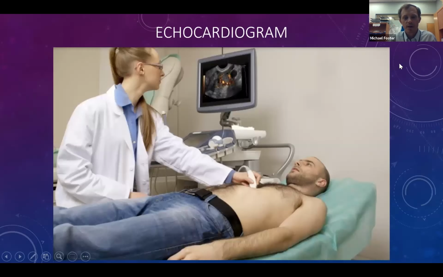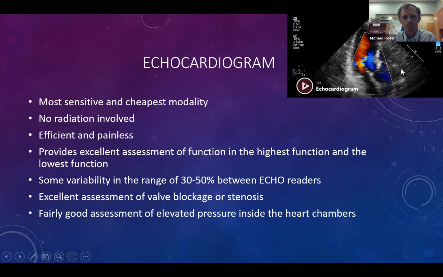So moving on to diagnostic modalities. Again, echocardiogram is still the most sensitive, most efficient, and painless type of testing modality for heart failure. There is no radiation involved, and it's a very good quality assessment of both the valves and the function of the heart.